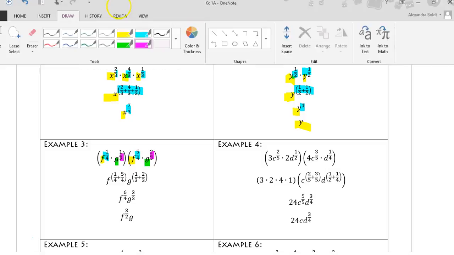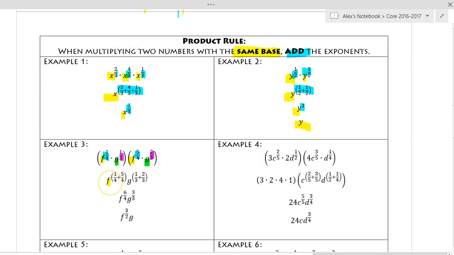So for my base of f, right, f to the 1/4 times g to the 1/3 times f to the 5/4 times g to the 2/3. For my base of f, I just add the f exponents, 1/4 and 5/4. For my base of g, I just add my g exponents, 1/3 plus 2/3.